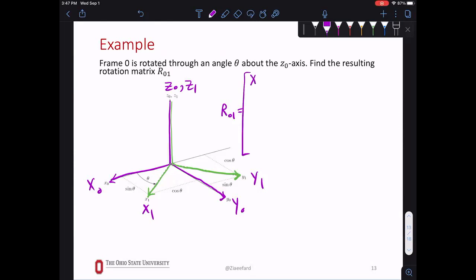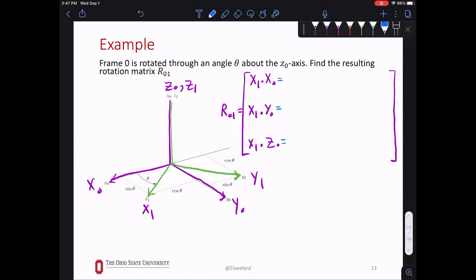So I'll write the first one: X1 dot product X0, X1 dot product Y0, X1 dot product Z0. So you want to create 3 columns. Now, let's take a look at the first one, then it probably will help you finish the rest of them.